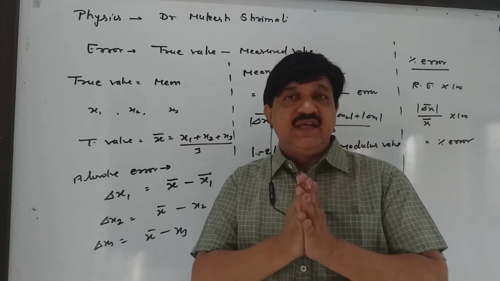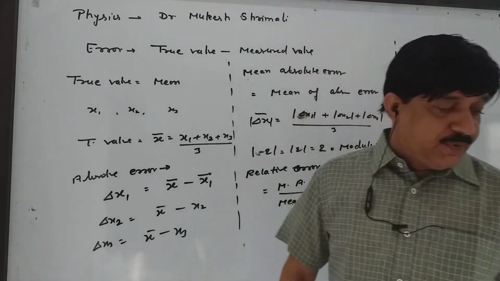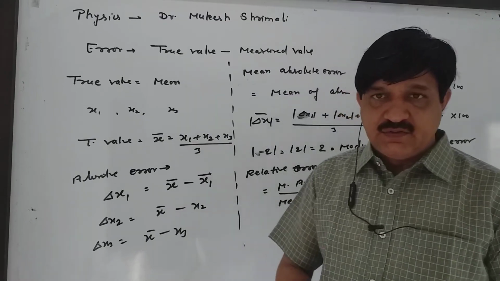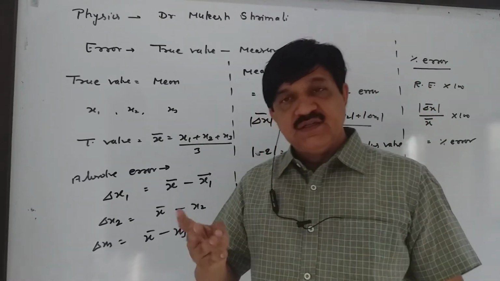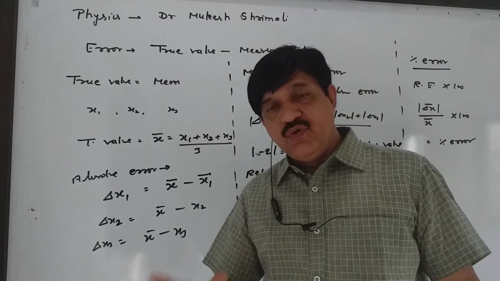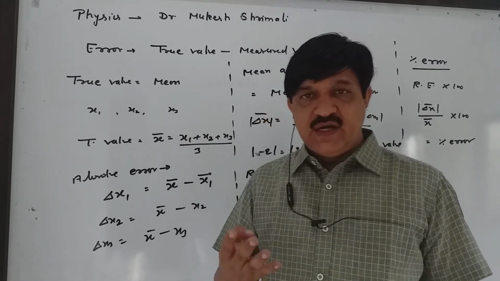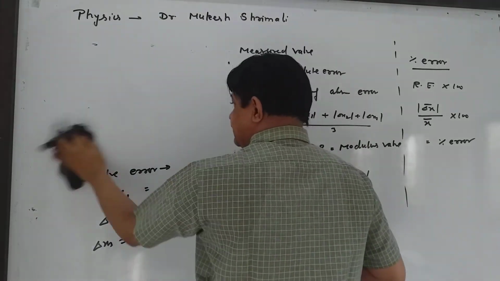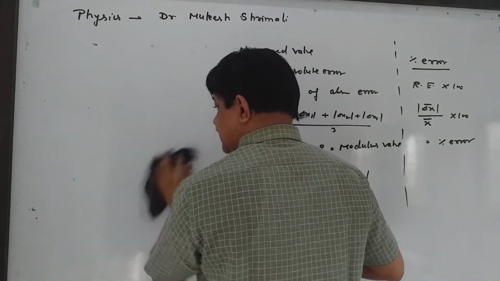But the important thing is how we can propagate errors in mathematical calculation. There are 4 mathematical operations: addition, subtraction, division and multiplication. How do we go ahead with the errors when we have these 4 things? Let's see one by one how the error will propagate in mathematical calculation.